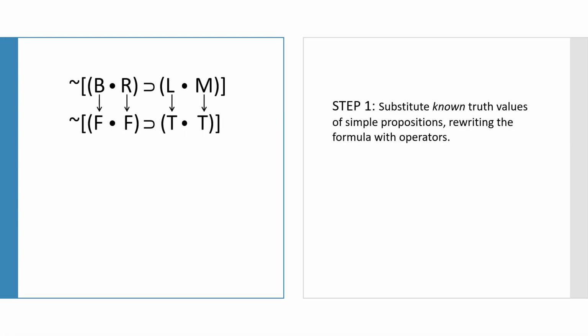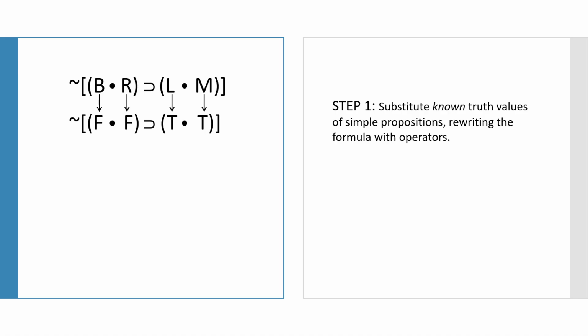So the first step in all of this is to substitute in the known truth values of every simple proposition, assuming, of course, that we know them, and then rewriting the entire formula with all of the operators and parentheses and brackets in place where they belong.